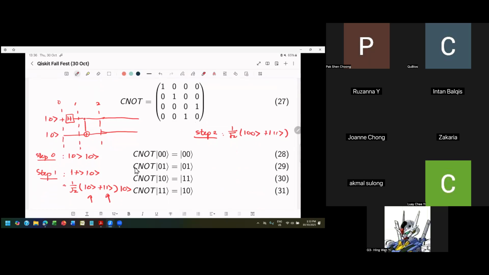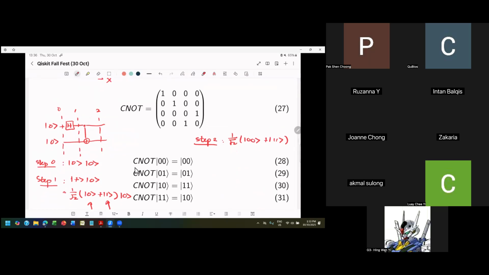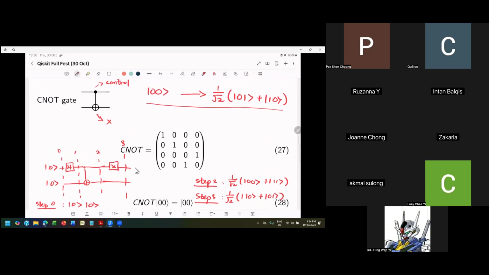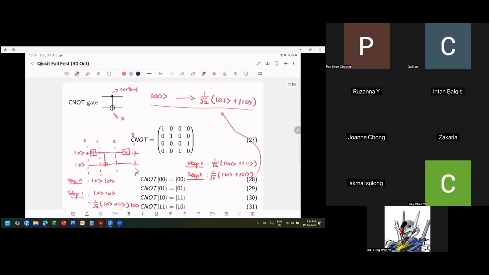So what you need to add for step 3 is a bit flip on the first qubit, so that your step 3 basically becomes 10 plus 01. Which is exactly the same as what I asked over here. That's essentially what you need to do in order to get the Bell state with 01 and 10.